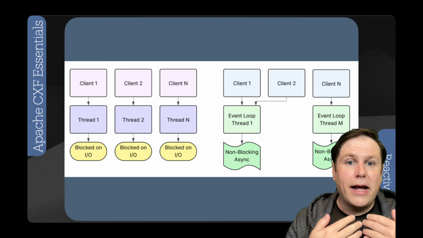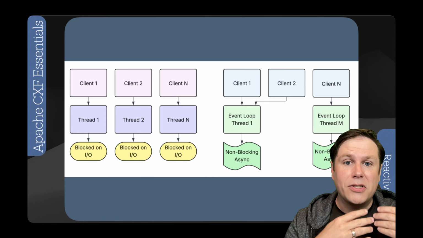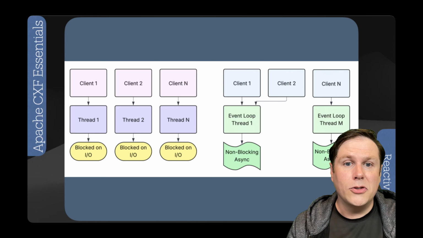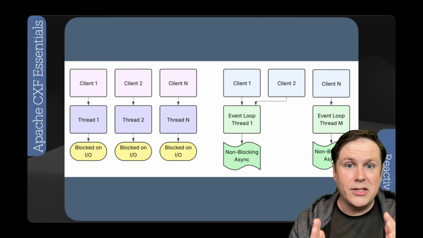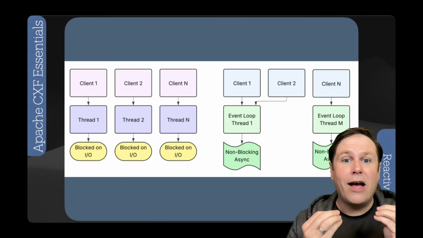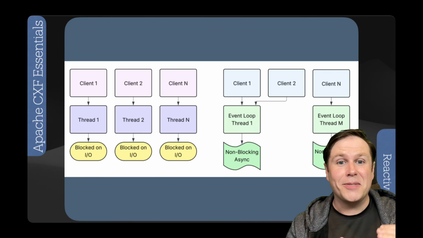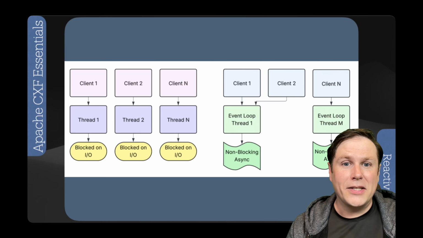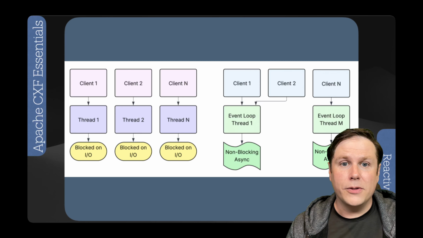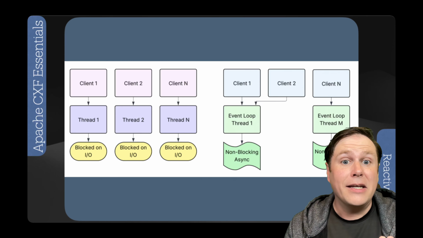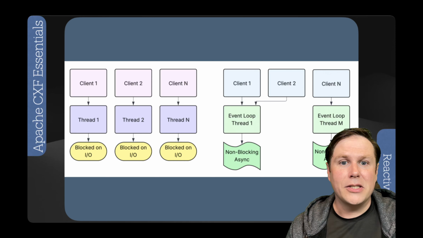And then, as the on completes and on nexts occur, we start sending back responses to those particular clients. Because we're not holding up all of our threads available on this hardware, we have more available to provide those responses back and keep taking in more incoming requests. It's not infinite, but we can get more overall throughput. So that's the big selling point of being able to use this model.